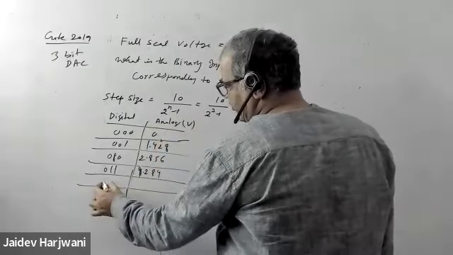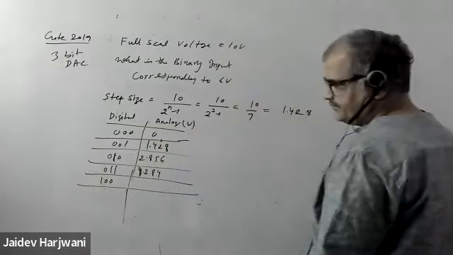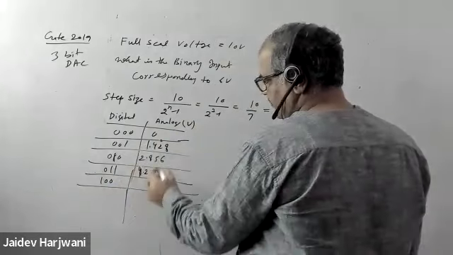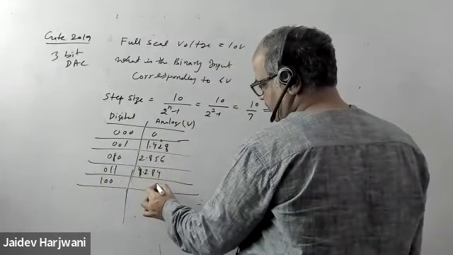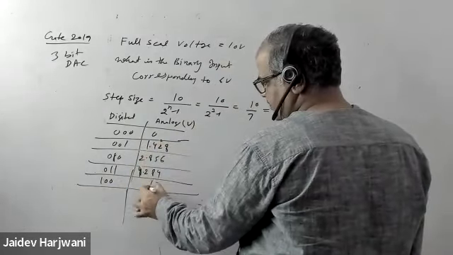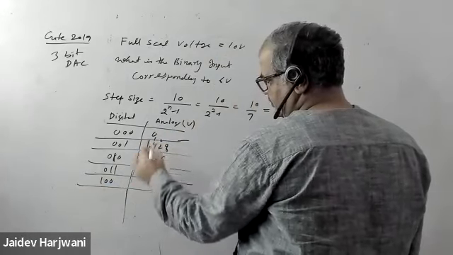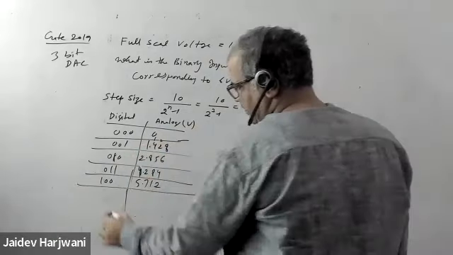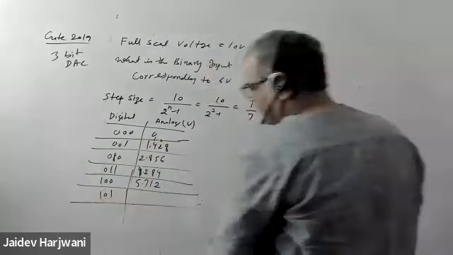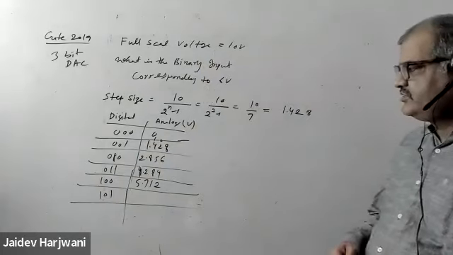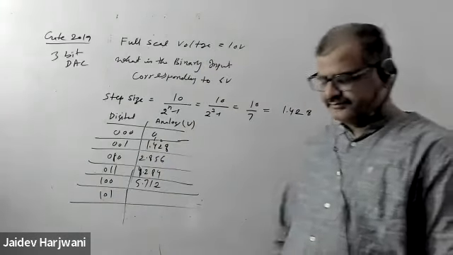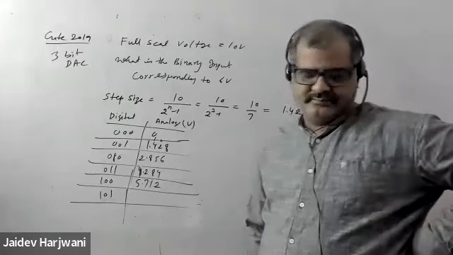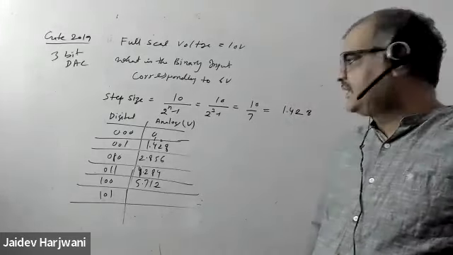Now if I want the weight of 100, that will be equal to 4 times of this weight, which is 5.712, about 5.7. Now what is the weight of 101? Tell me. Are you getting how I'm doing this?